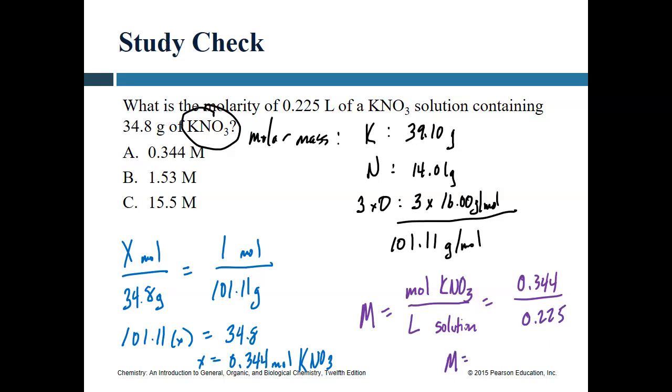Our molarity to 3 digits would be 1.53 molar potassium nitrate, KNO3. So that would be B.